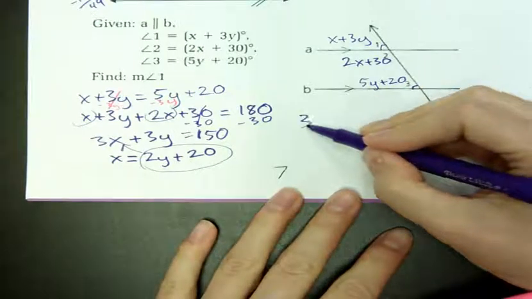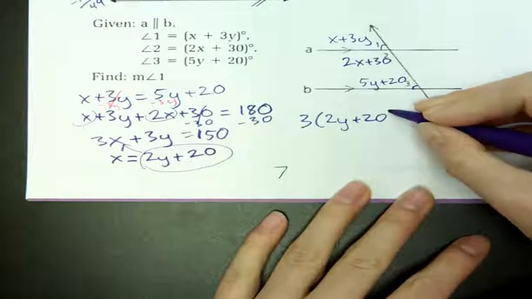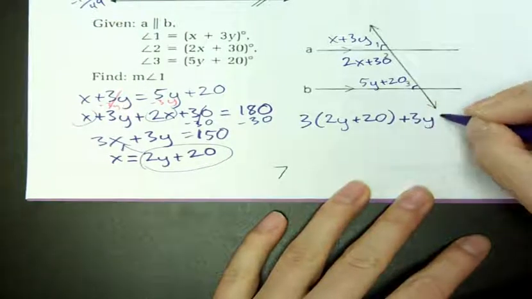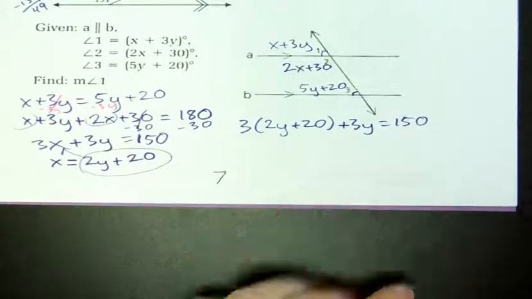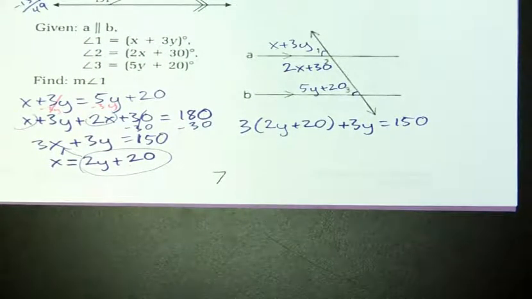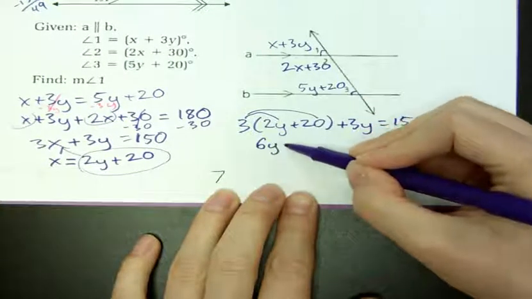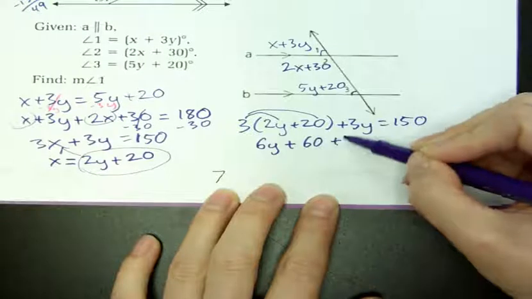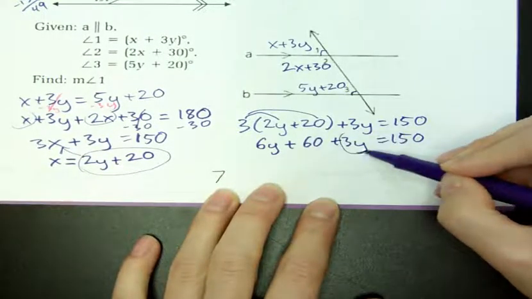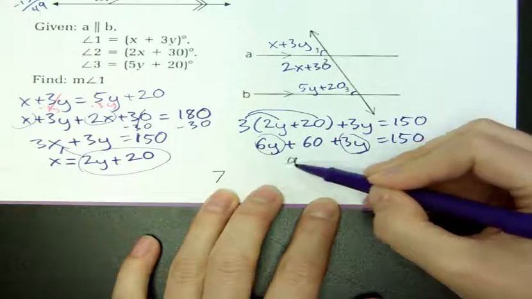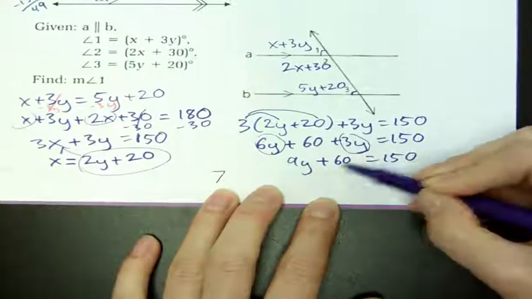So my equation becomes 3 times (2y plus 20) plus 3y equals 150. And then I solve from there. So that gives me 6y plus 60 plus 3y equals 150. 9y plus 60 equals 150.